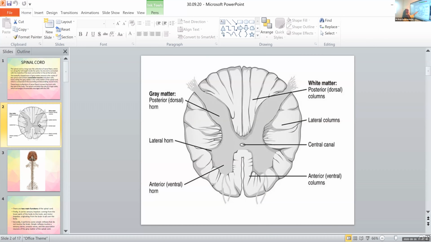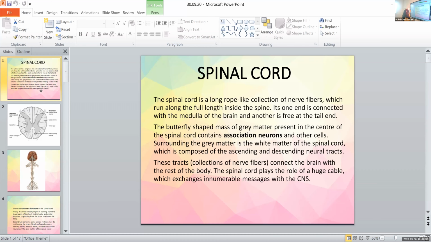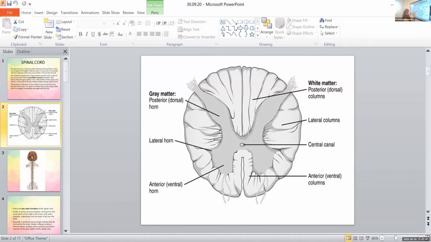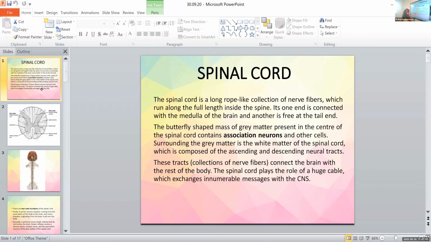So here we have the association neurons inside the gray matter, that is in the butterfly structure, and in the white matter we have the ascending as well as descending neural tracts. These tracts are a collection of nerve fibers, and they connect the brain with the rest of the body.